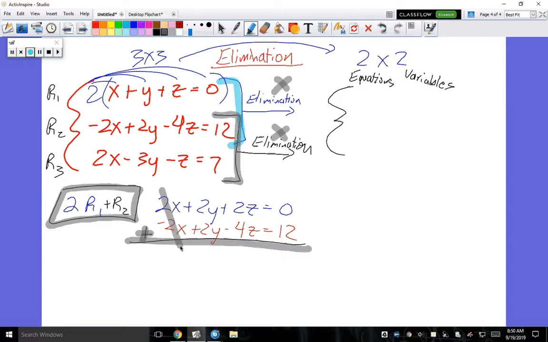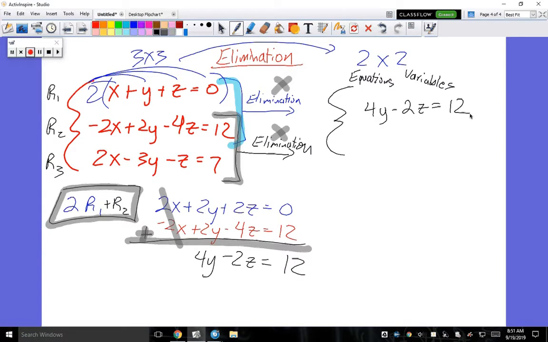X. X became what number? 0. So it was an adding cancellation form of 0. Okay? So what's left is going to be 4y, how many z's? Negative 2 z's, and then 12. This, guys, right here is our first of the two that we just found.